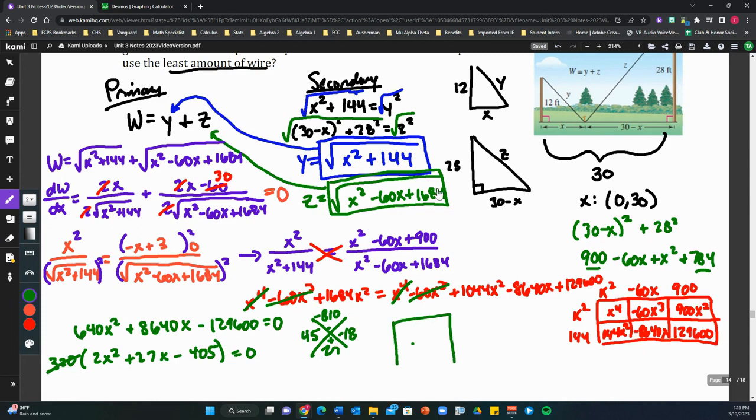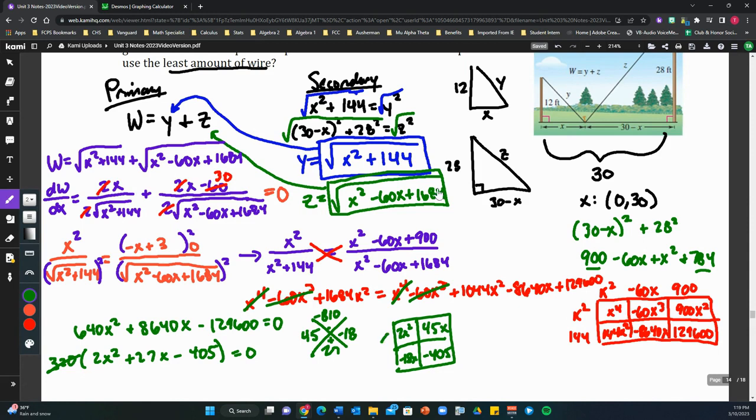So if we jump to our box, 2x squared, 45x, negative 18x, and negative 405. Hope I did that correctly.